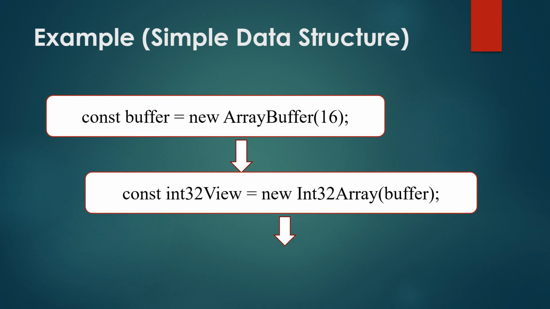My view type will be a 32-bit integer, so I'm going to create a 32-bit element array using that buffer. How many elements can I push into that? This is a task for you, you can figure it out yourself, and I'll put the answer in the description.